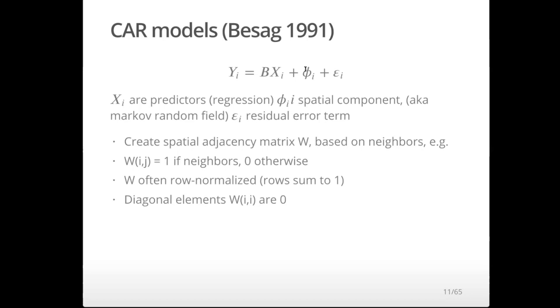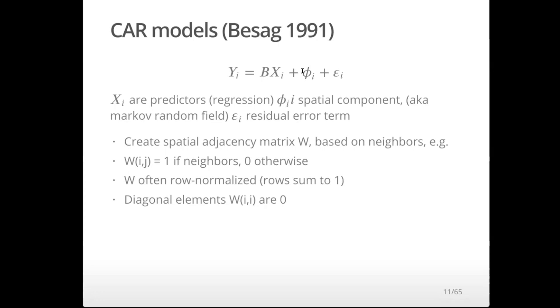If phi wasn't here, we would just have a simple linear regression. The presence of phi is the spatial component that we're going to be including, and that's the piece that's really unique to these CAR models. The phi in these models represents a static Markov random field, or static spatial field. We'll walk through an example and show what that means.